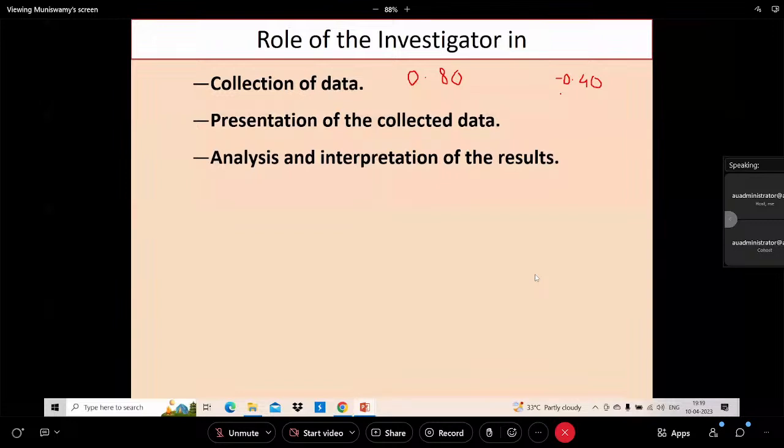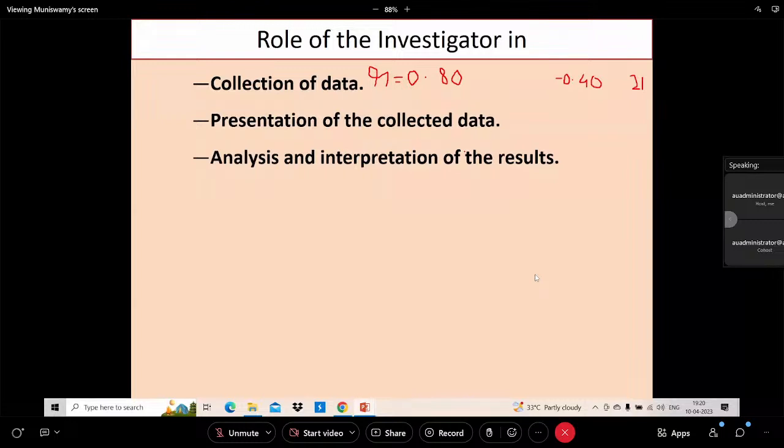For example, correlation is one application in our statistics. Correlation means to study the relationship between any two variables. It is denoted as R. So R, the correlation, is 0.80. What does it say? It is a single number, but it gives one paragraph of information in text.